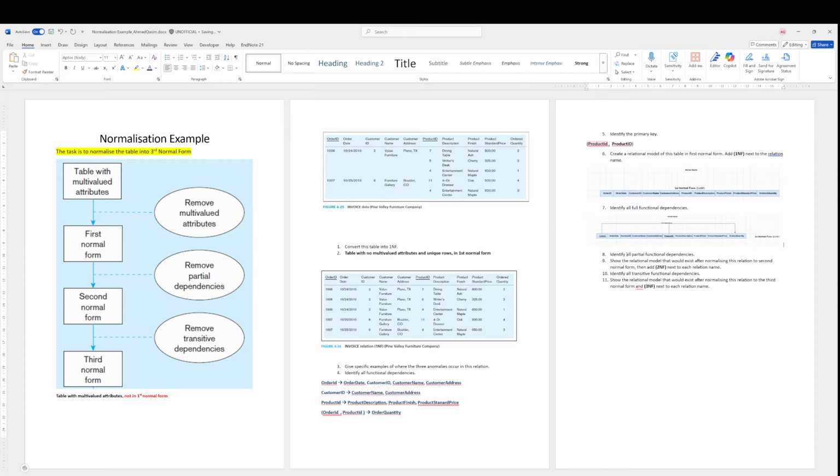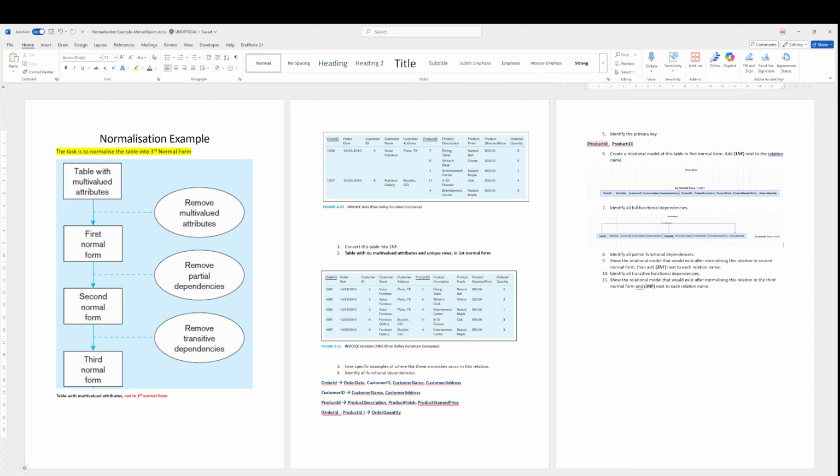Now I need to identify all partial functional dependency. A partial functional dependency occurs when a non-key attribute depends on only part of the primary key, not the whole primary key.